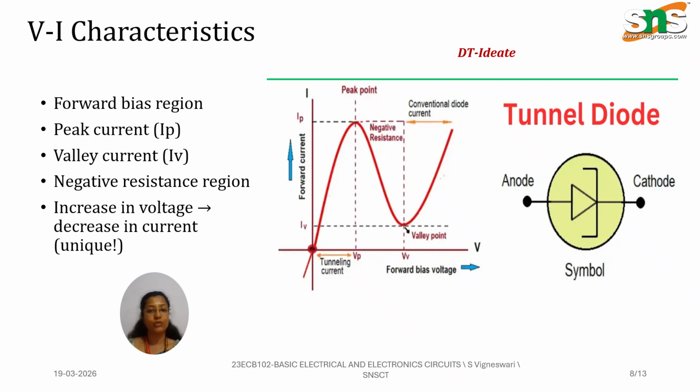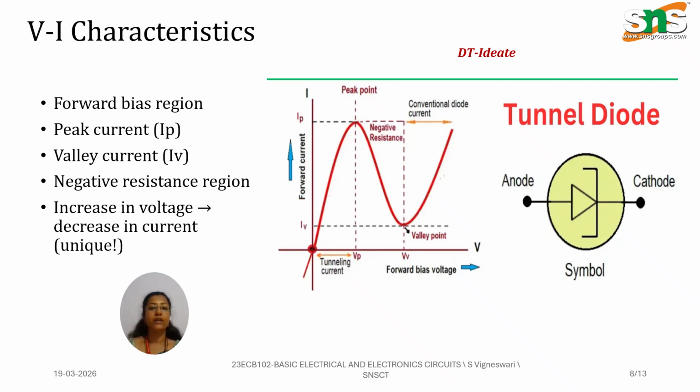Initially, as the voltage increases, the current increases up to a point called the peak current, which we refer to as IP, as seen in the figure. After this peak point IP, if you increase the voltage further, the current actually decreases, and this region is called the negative resistance region.